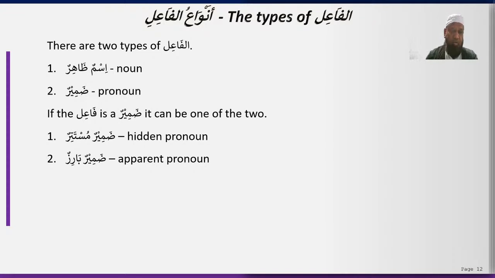So damirun mustatirun is only for two forms. Number one is the mudhakkar fa'ala, it can have damir mustatir. Number two, fa'alat, also can have damir mustatir.